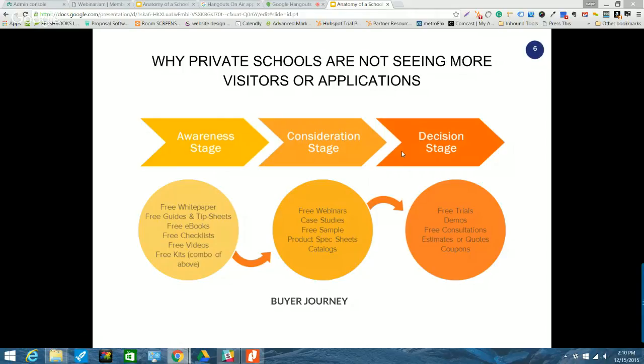Most schools' focus is, how do I market to get someone to attend my open house? My clients, that's not where we focus. The results will be there for them to get the open house if we're doing the other things right, and their attendance will go up dramatically at the open houses. But the ultimate goal is to reach them sooner in the buying process through using content marketing and inbound strategies.